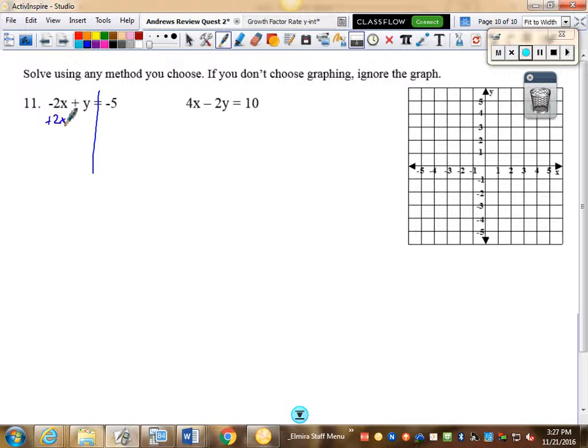Add 2x to both sides. Y equals 2x minus 5, so my slope is 2 over 1, up 2 right 1. And my y-intercept equals 0, negative 5. So 0, negative 5, up 2 right 1.